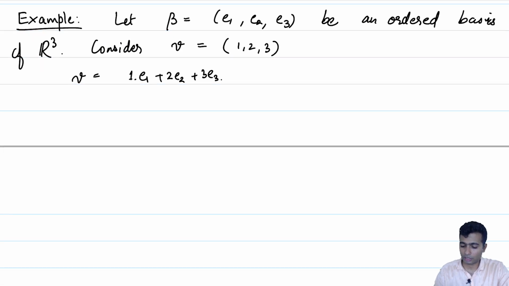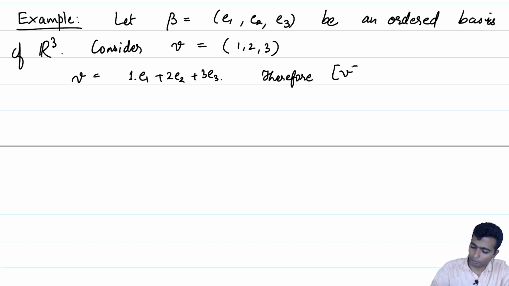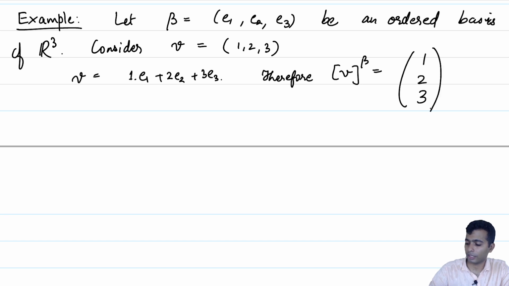This is our v as a unique linear combination of the standard basis, and therefore v beta is represented by 1, 2 and 3.